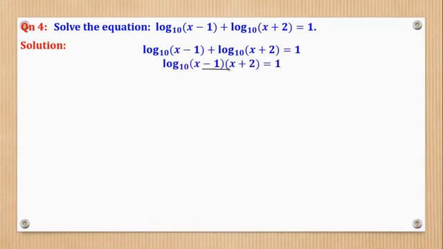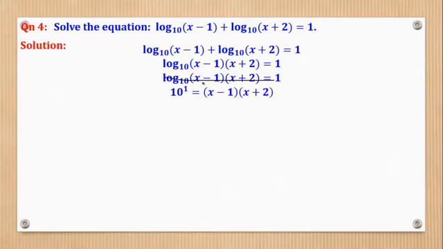Then we expand this, or we can eliminate the logarithms. To eliminate the logarithms, actually this is the same step, you don't need to write it. So to eliminate, I'll say this 10 to power this is equal to this product, which is here. That's how they eliminate logarithms.